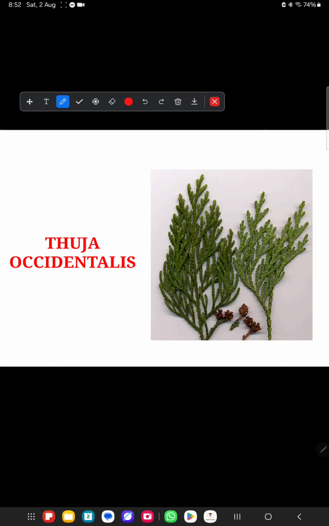So what Dr. James Tyler Kent has said about the general appearance of the Thuja subject is that the characteristic picture is that of a waxy, shiny face. It looks as if it had been smeared over with grease, and often transparent.